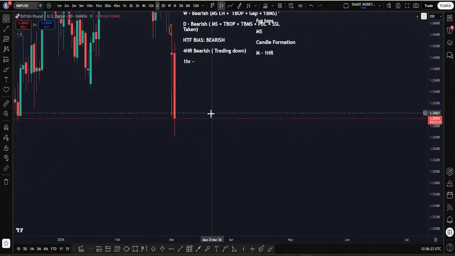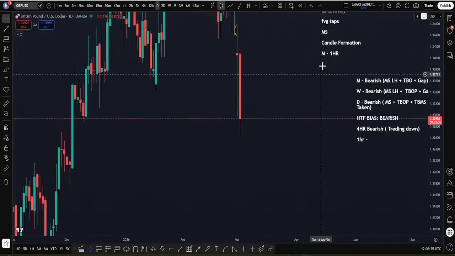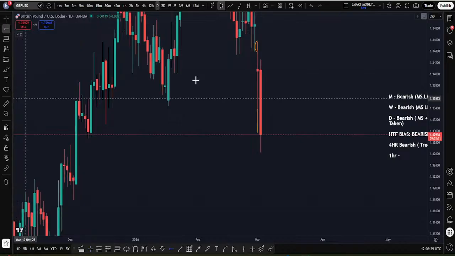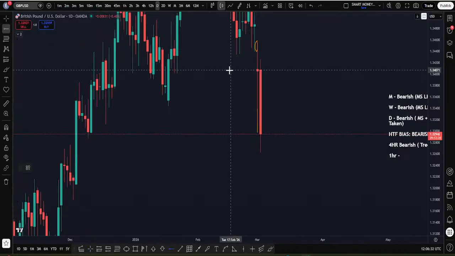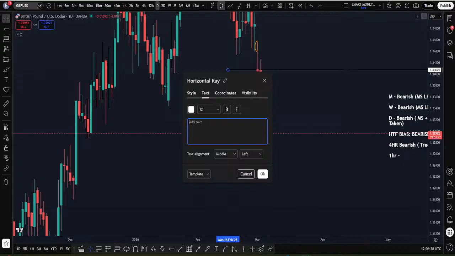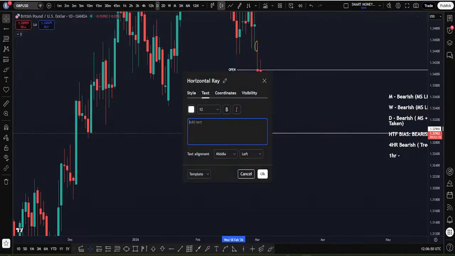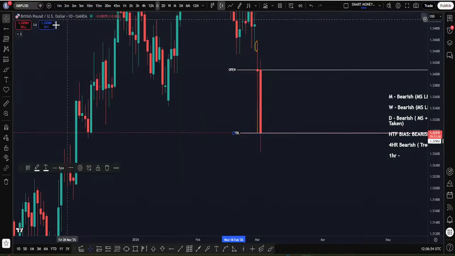Before we keep going, let's remind ourselves that this is our open price. This is the previous day low. And this is the current day high.